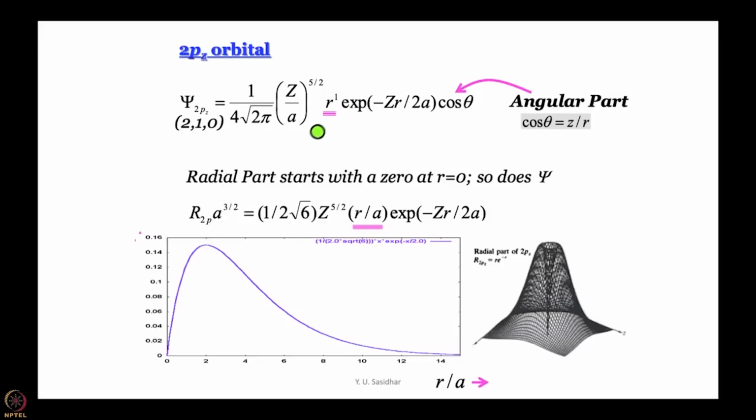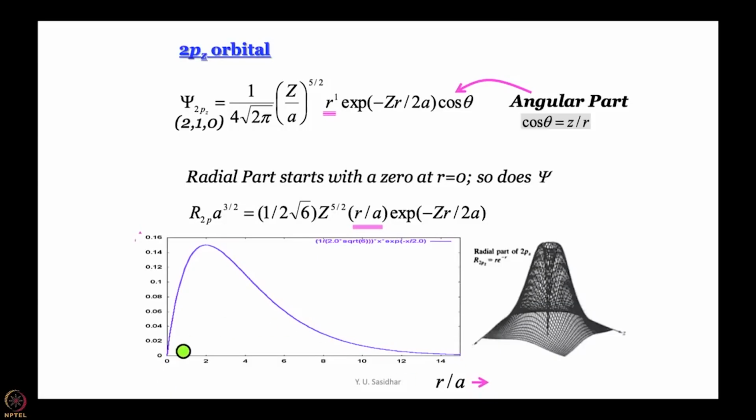Constant multiplied by, now we have r to the power 1 multiplied by e to the power minus Zr by 2a. So see, increasing function of r, and this one is an exponential decay, multiply them together, it is not a surprise that it goes through a maximum. So what you see here is the radial part of the wave function starts with a 0 at r equal to 0.